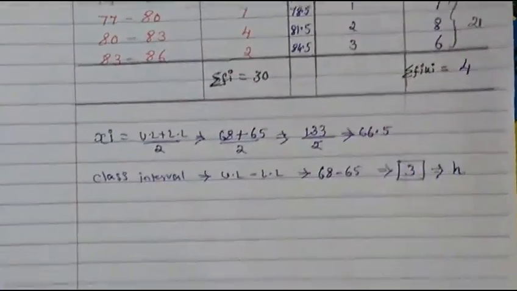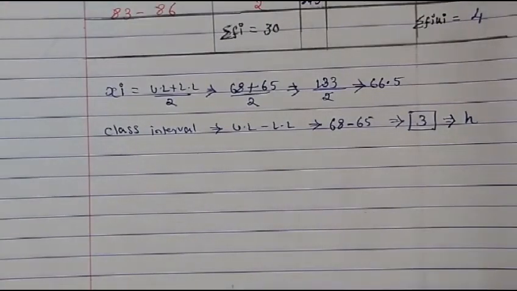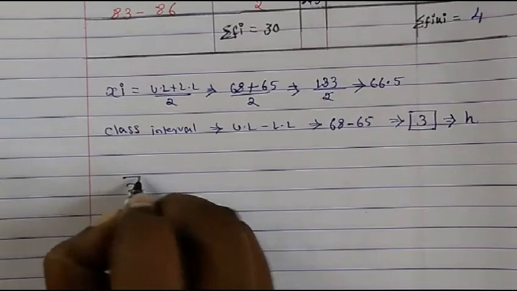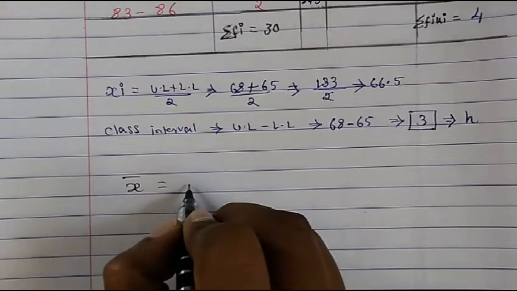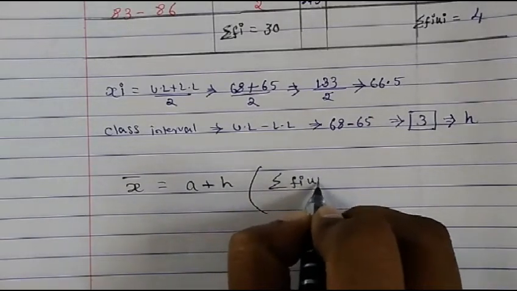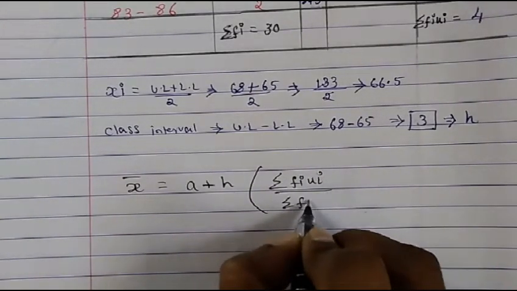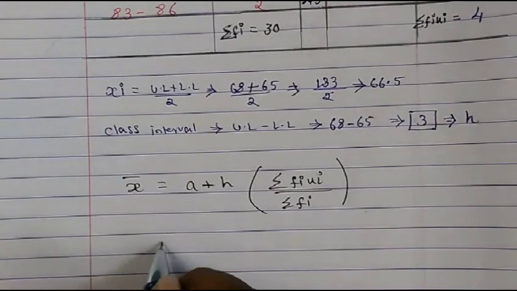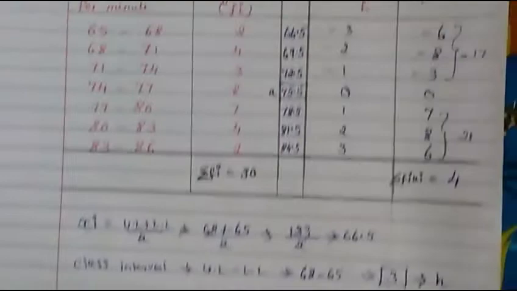So that's why the step deviation method is very easy. Now put it in the formula. The step deviation method formula is x bar equal to a plus h times summation of fi ui upon summation of fi. So a value we know.